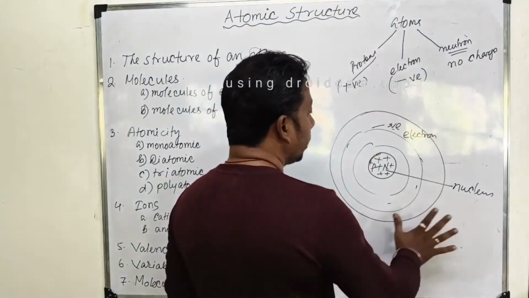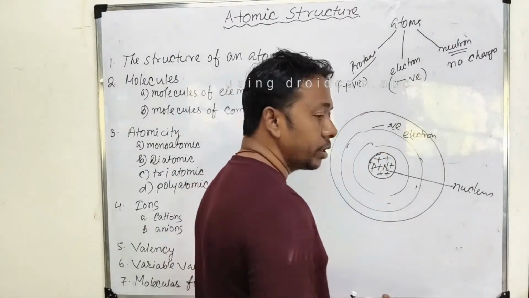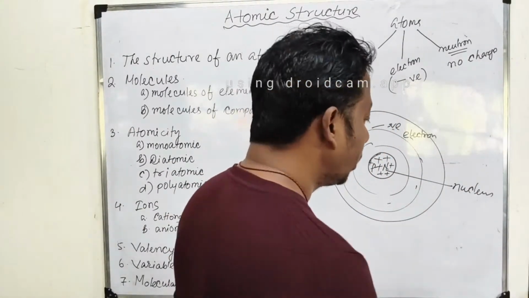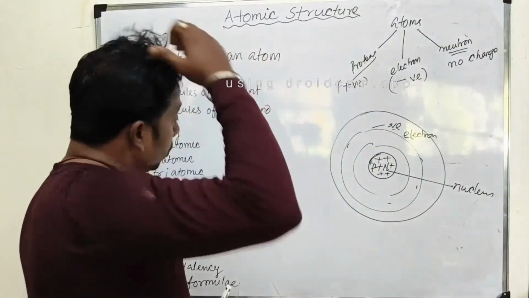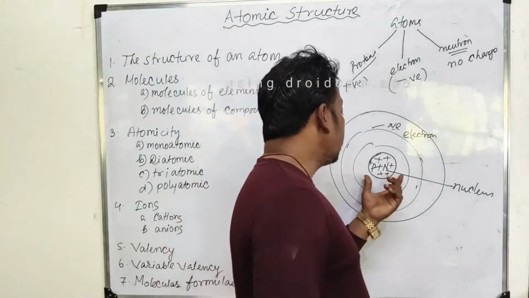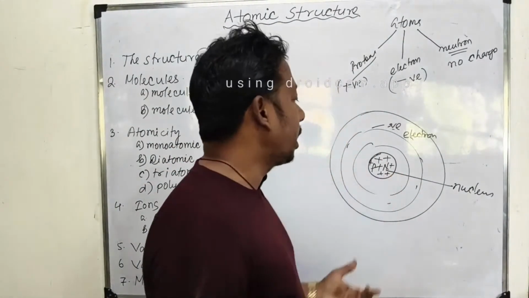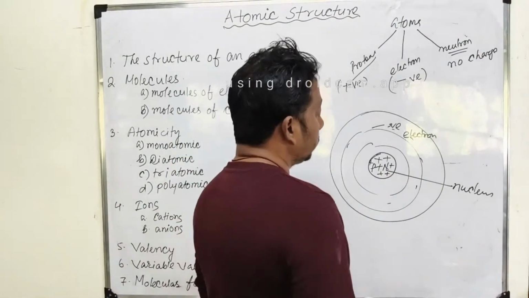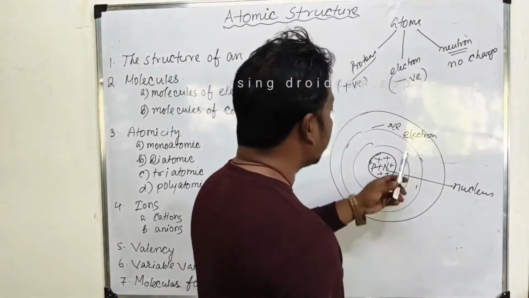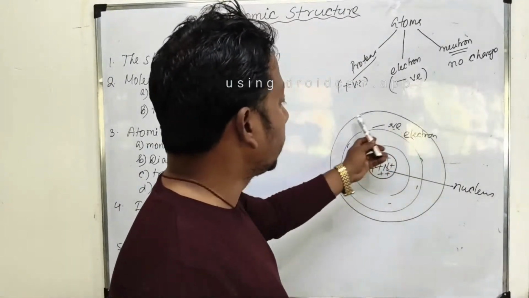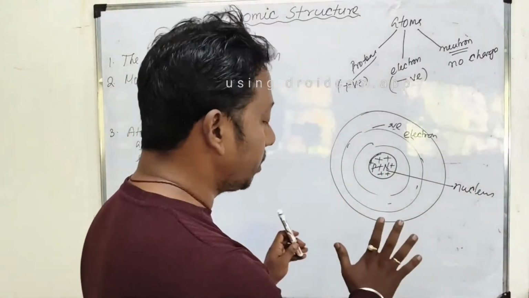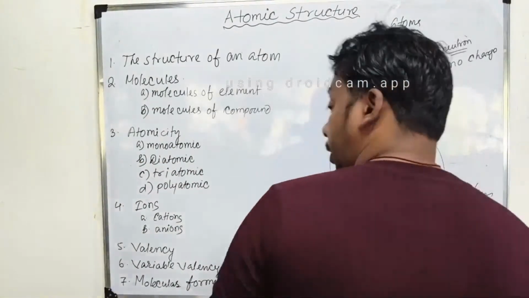That is why the electron can move freely in these orbits at different energy levels. The nucleus contains positive charge, and outside the nucleus is the negatively charged particle.